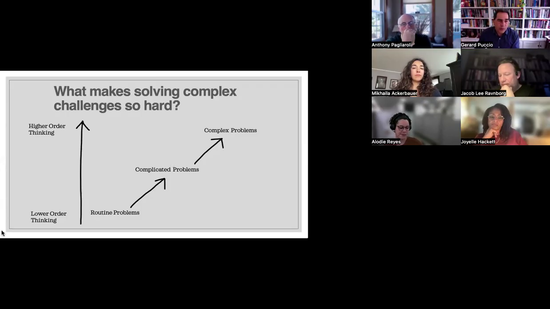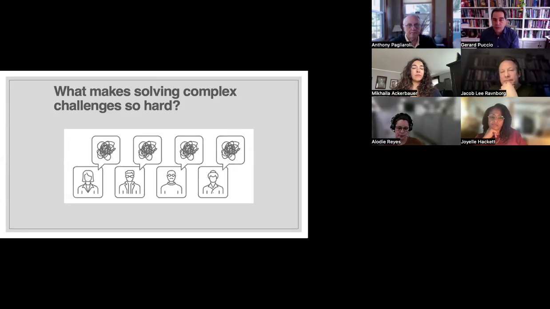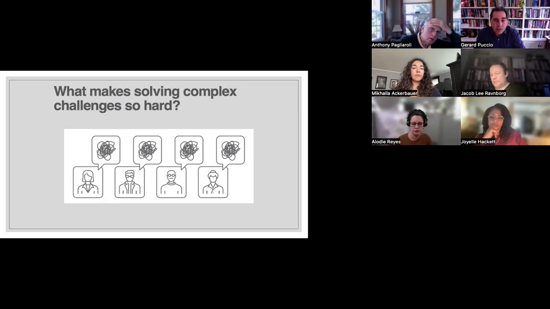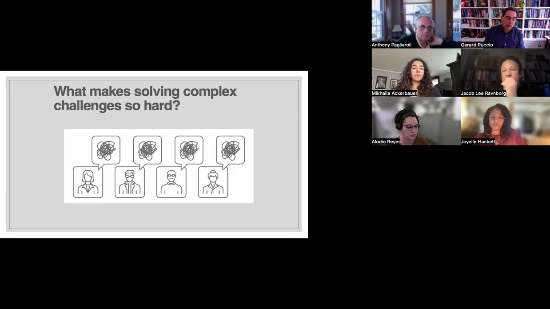So as a result of this, complex problems require higher order thinking skills, which means creative thinking, because if you follow, for example, Bloom's famous taxonomy of thinking, at the highest level of human thought, you have creativity. And because creativity is a higher order thinking skill, it's the kind of thinking at the highest human level that is necessary to successfully respond to complex problems.